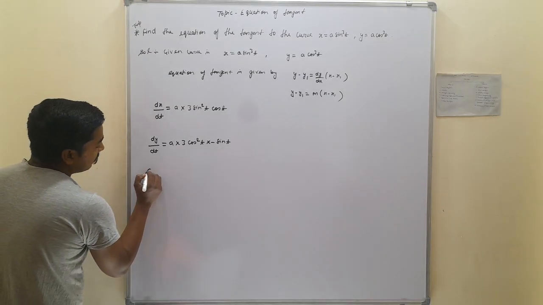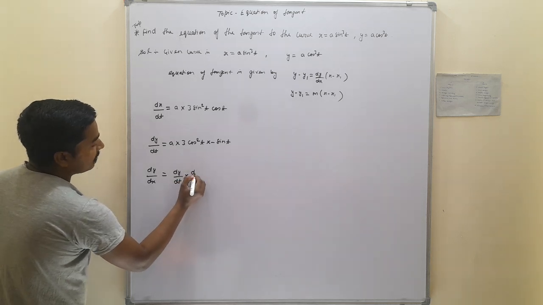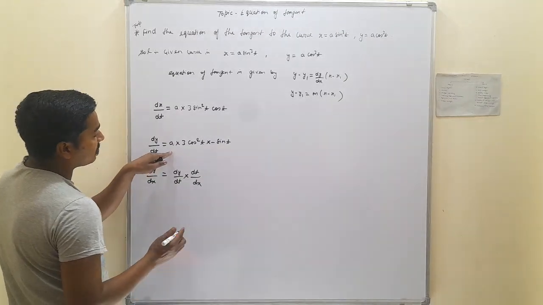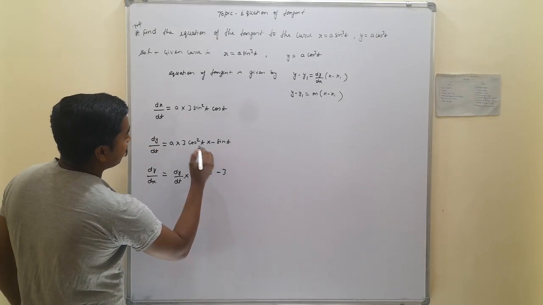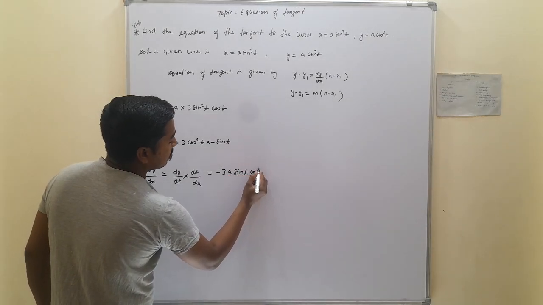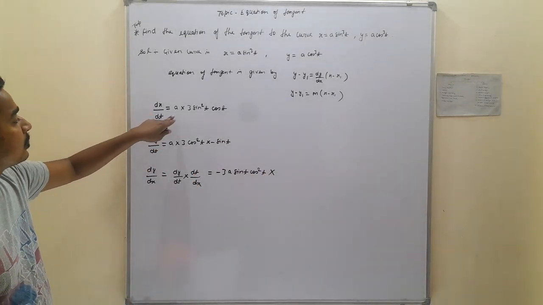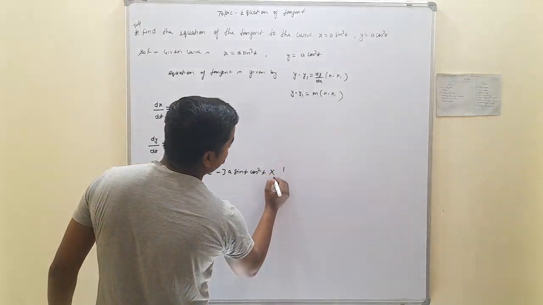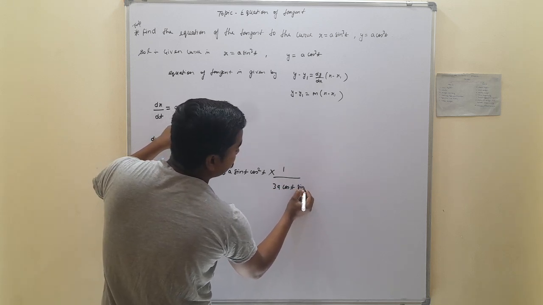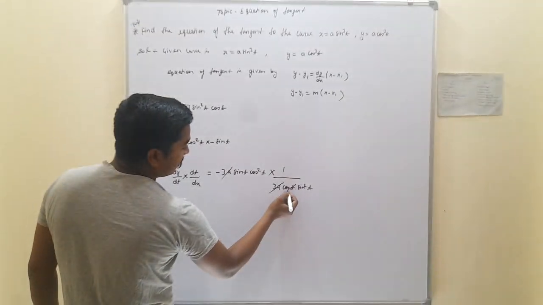Now we have to calculate dy upon dx. We use dy upon dx equals dy upon dt into dt upon dx, and put in the value of dy upon dt, which is minus 3a sin t cos square t, multiplied by dt upon dx, which is 1 upon dx upon dt, that is 1 upon 3a cos t sin square t. Here 3a cancels with 3a, cos t cancels with cos t, and sin t cancels with sin t.